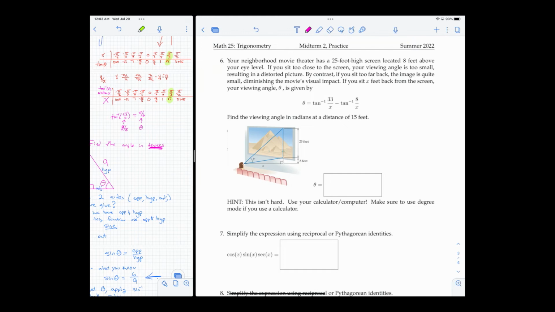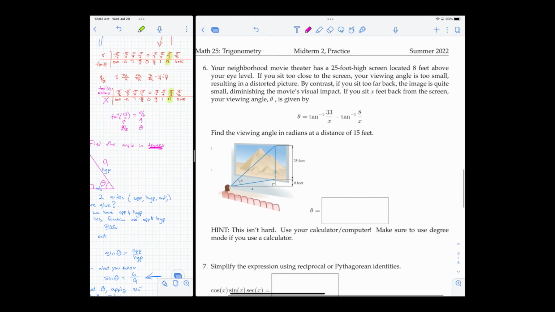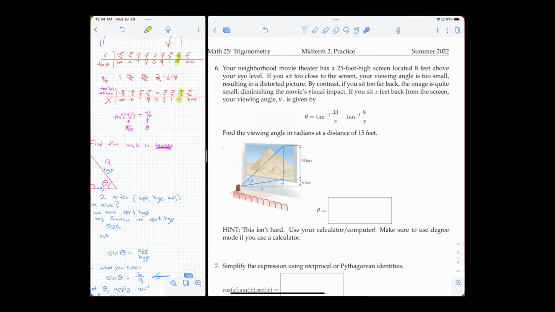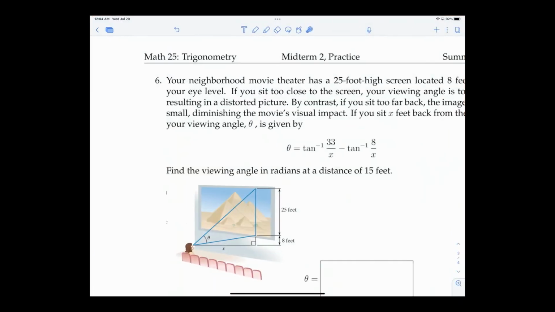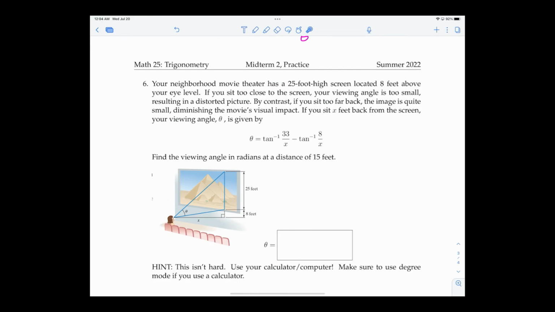So let's read it. It says, your neighborhood movie theater has a 25-foot high screen located 8 feet above eye level. I can't draw on it anymore. Let me do this. Okay, now I can.